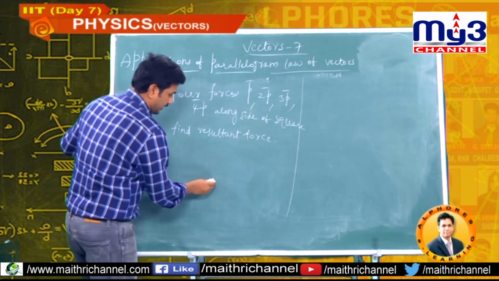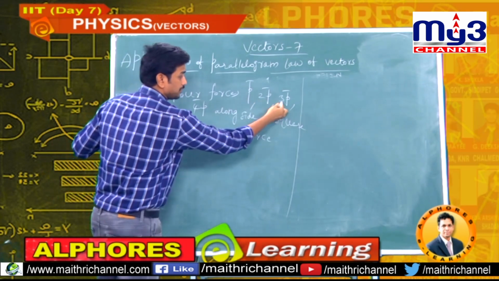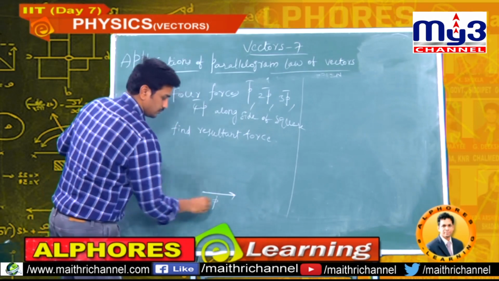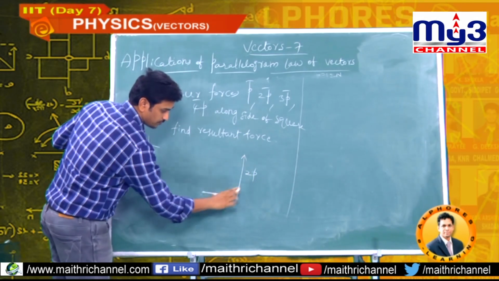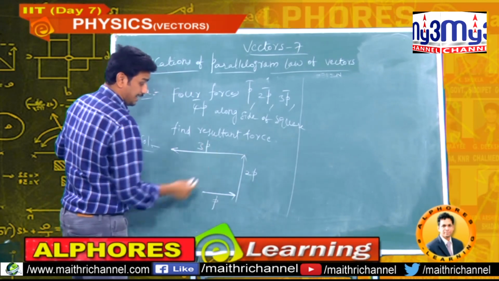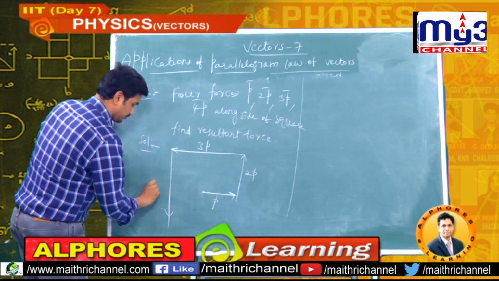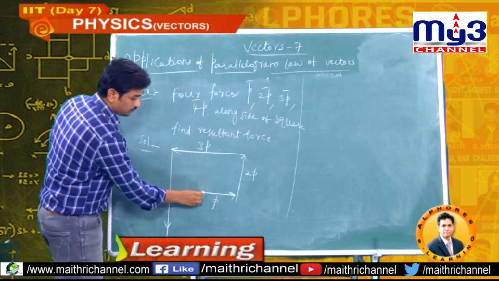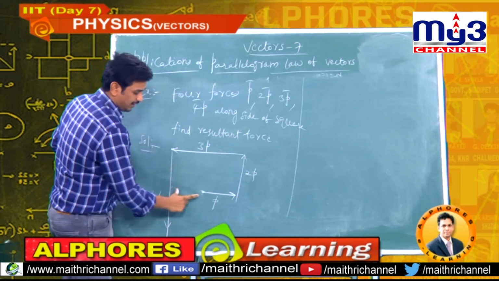Now I will draw a diagram. See, P, 2P double, 3P triple, 4P four times. Suppose this length is x, this is 2x, this is 3 times, and this is 4P. This dotted line is not actually there, I took it just for completing the square.